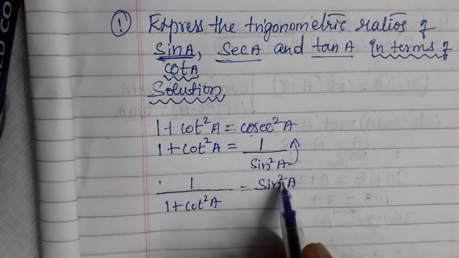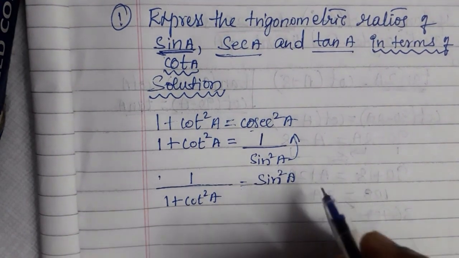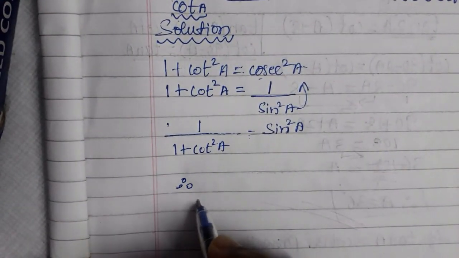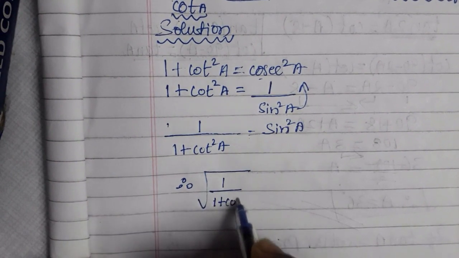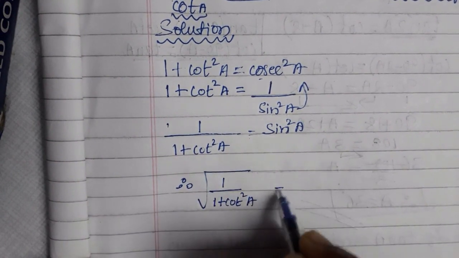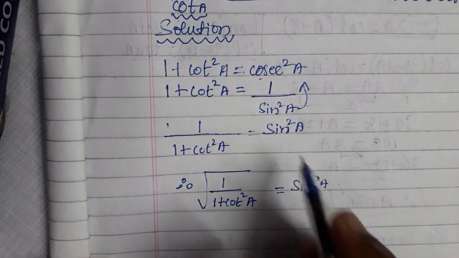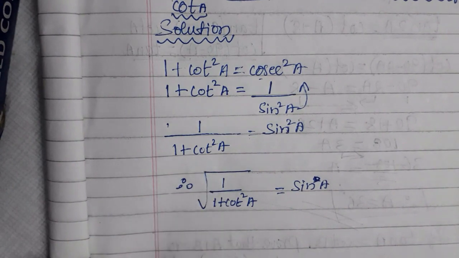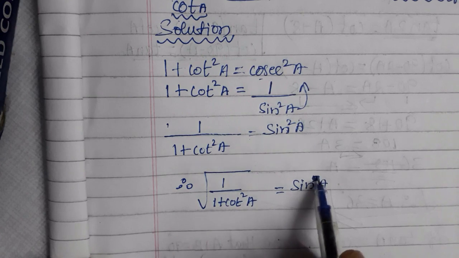Now I want only sin. Therefore, the square root of 1 by 1 plus cot square A is equal to sin A. Sin square A is 1 by 1 plus cot square A. Now if I want sin, you have to take the square root, so the square will vanish.